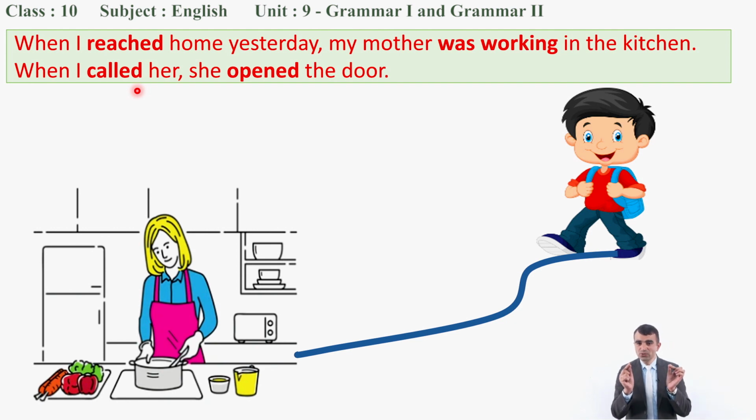So when you use past tense appropriately, remember these two things. Two events happen in succession, one after the other, immediately. The second event is the response to the first event. In that situation, we use simple past for both. Are you clear from here?